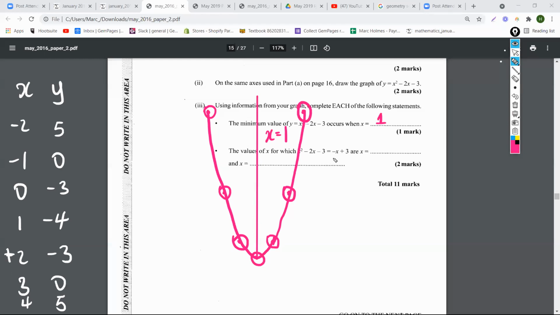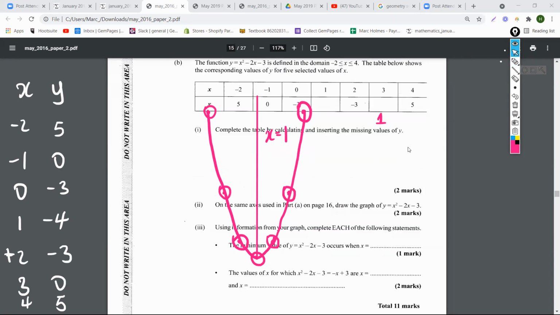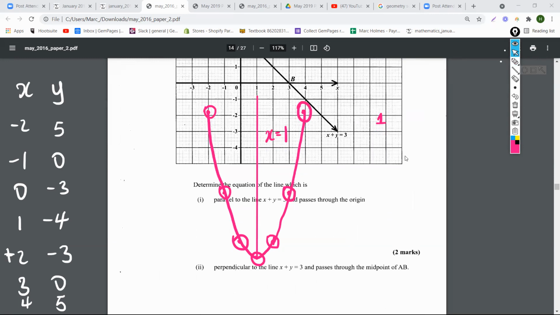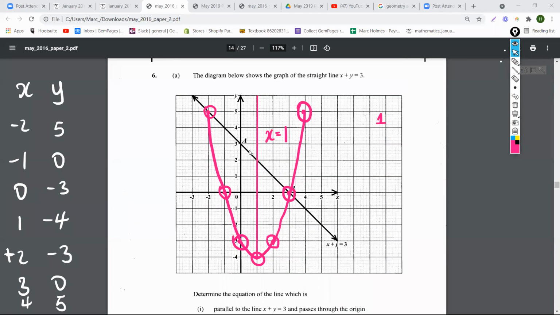And it says the values of x for which x squared minus 2x minus 3 is equal to negative x plus 3 are, okay. So they're basically asking you for the two values on the graph where the line cuts through it. So the values of x are here. And x is equal to minus 2. That's where the line cuts through it. And where x is equal to 3.